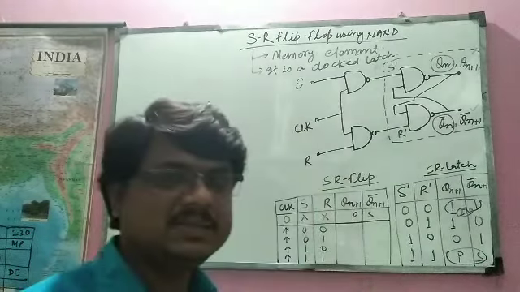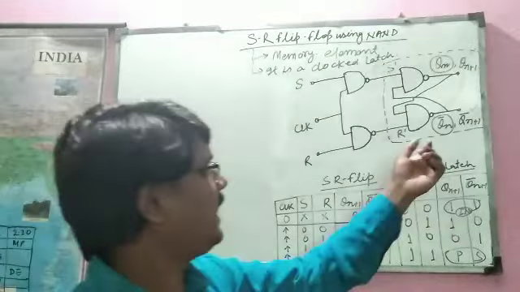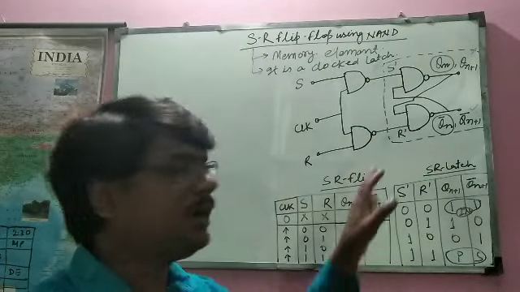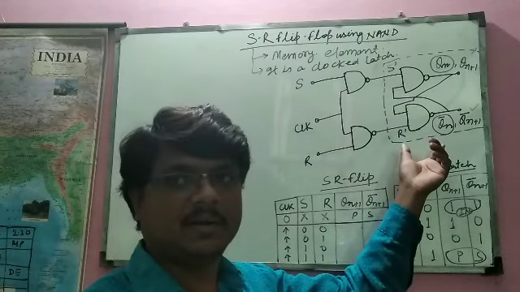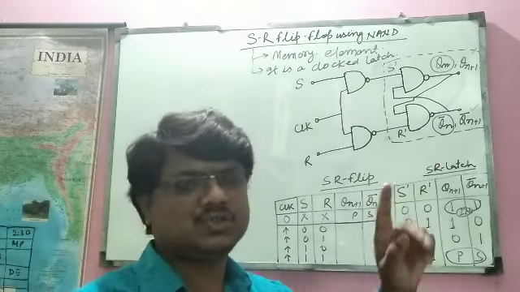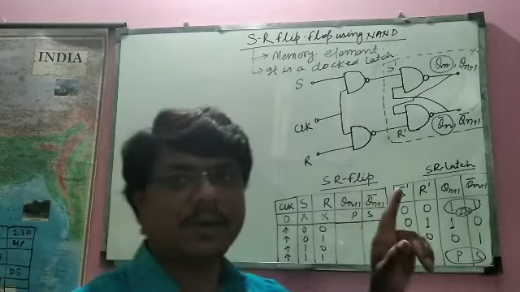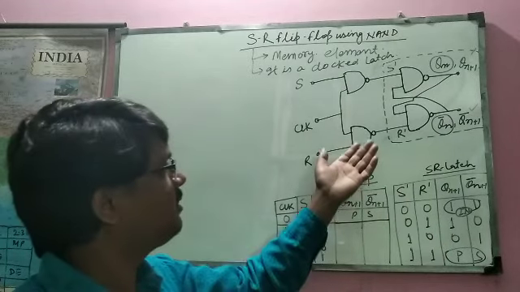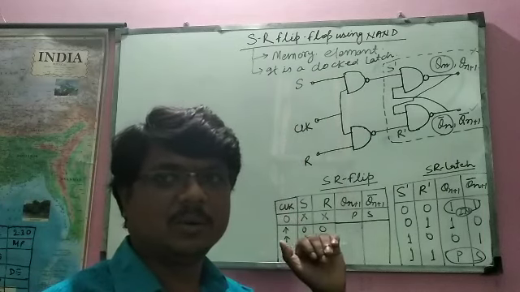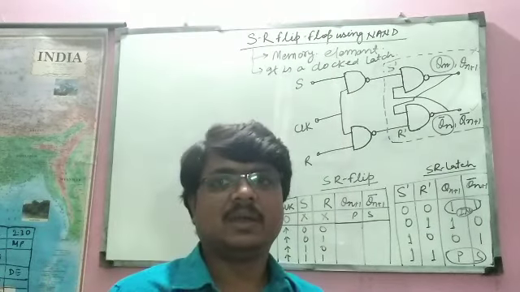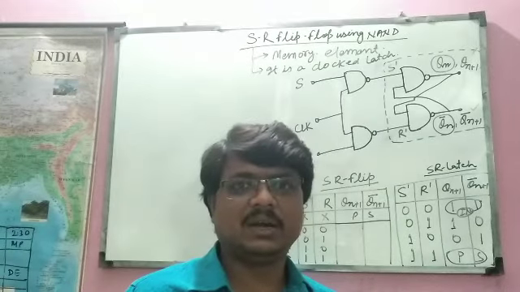So what is the difference between this latch and this flip flop, and why are we designing this flip flop? If the latch can store 1 bit and this flip flop can store 1 bit, why are we inserting this extra circuit? It will take more space and the processing will get slow.